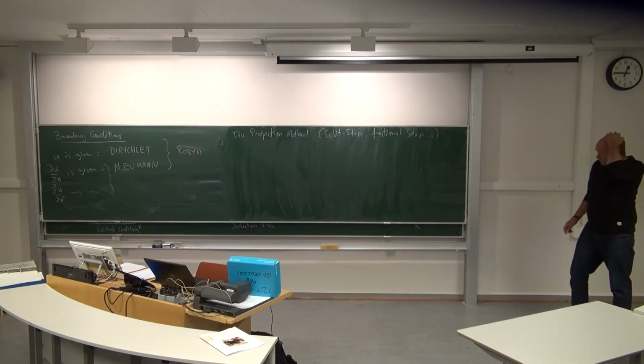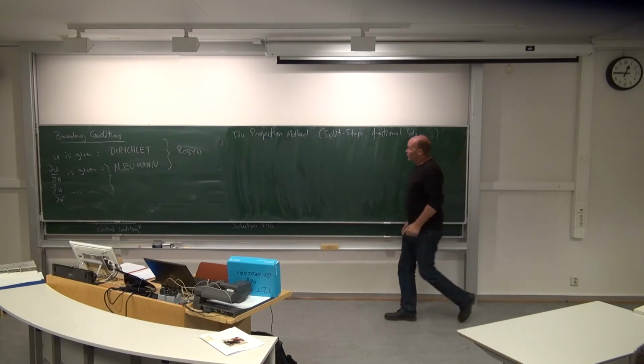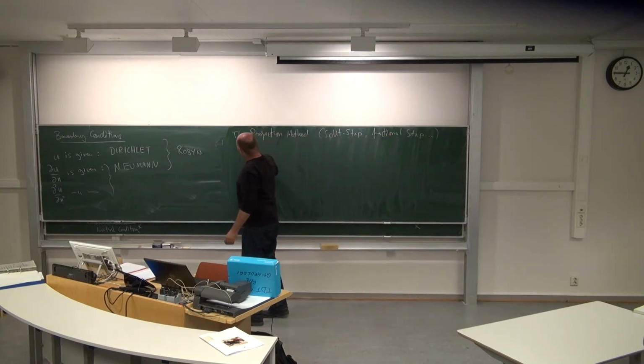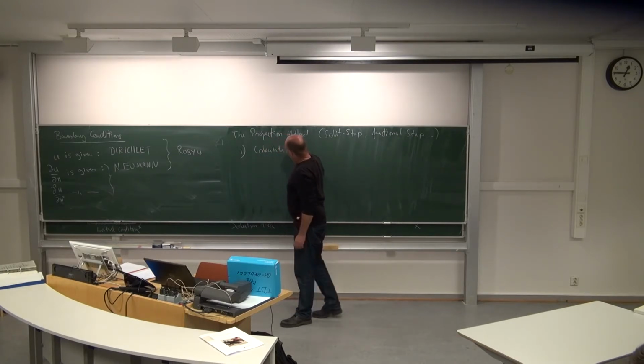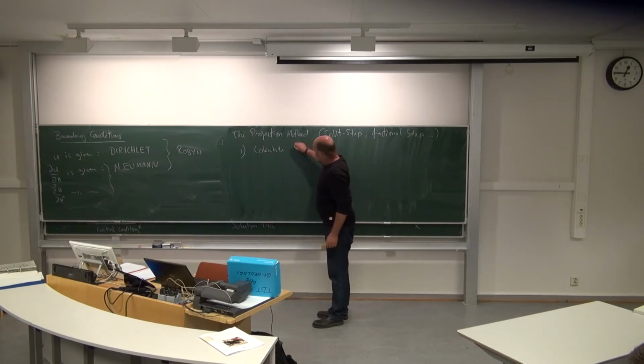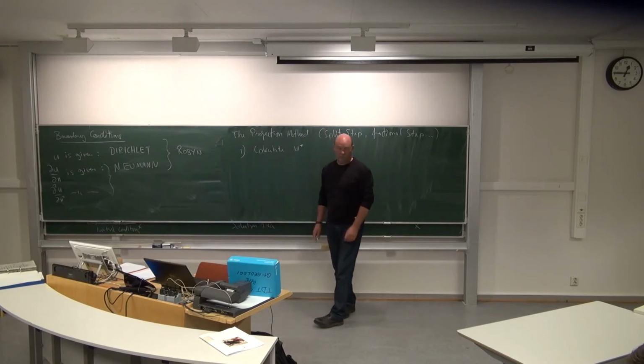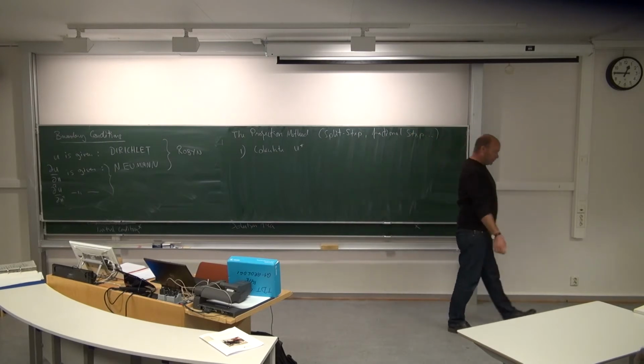And we have narrowed it down to the following 3 points. First point, calculate what we call the U star. That was a tentative velocity field.